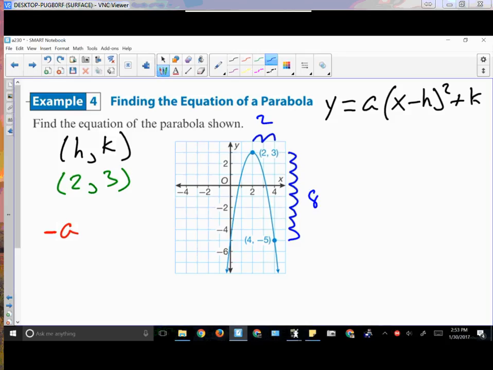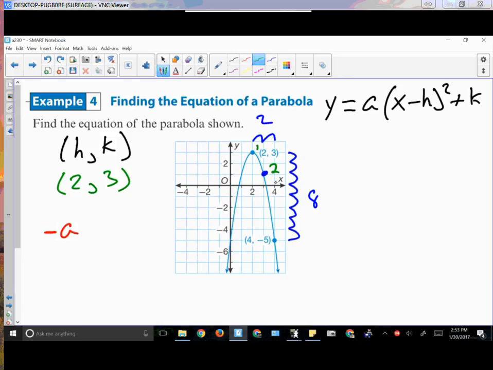So now if I look at another point on here, I see that I have another point that's over here. How far did it get moved over? 1. And how far down was it? 2. Okay. Now, how can I deal with putting in a point that's going to do that?